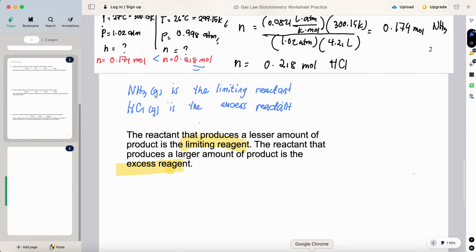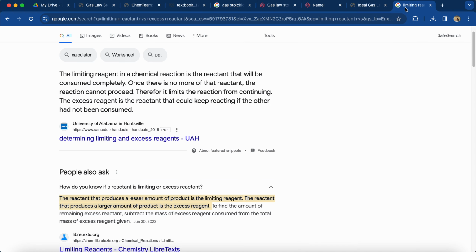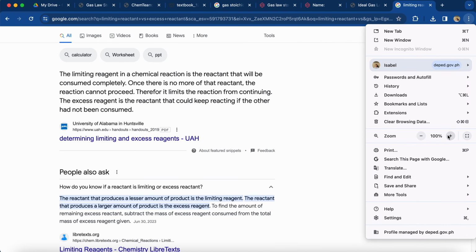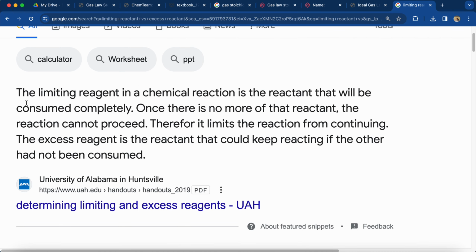So, by definition here, the limiting reagent in a chemical reaction is the reactant that will be consumed completely. So, in Bisaya, ang limiting reagent kay mao siya ang mahurot, ma-consumed completely.